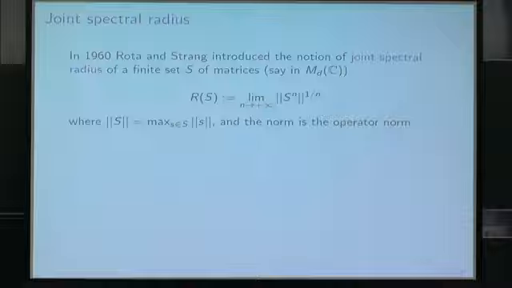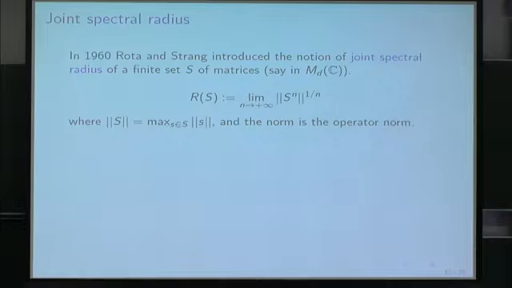So in the 60s, Rota and Strang, this is Gian-Carlo Rota, both MIT mathematicians at the time, introduced this notion of joint spectral radius of a set of matrices. They were not interested in groups, just matrices.